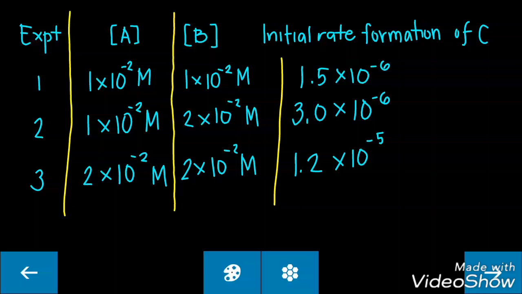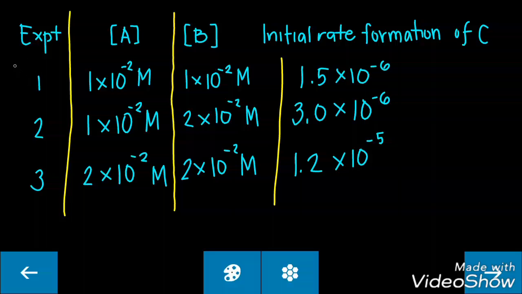Okay, so let's start determining the orders of a reaction. For this example, we have 3 experiments and we have the concentration of A for the 3 experiments, as well as the concentration of B and the initial rate of formation of C for the 3 experiments.